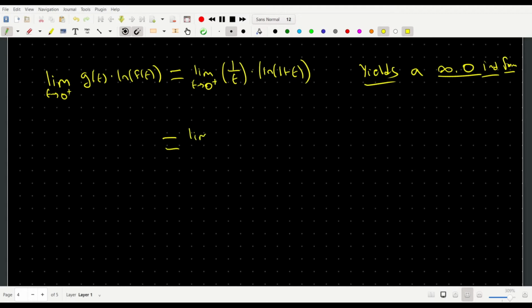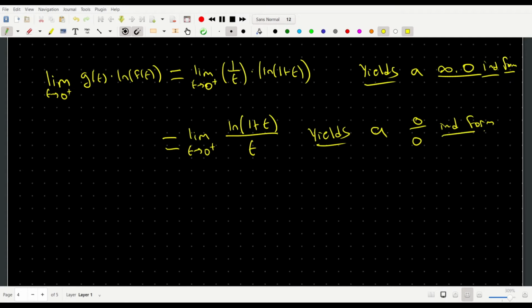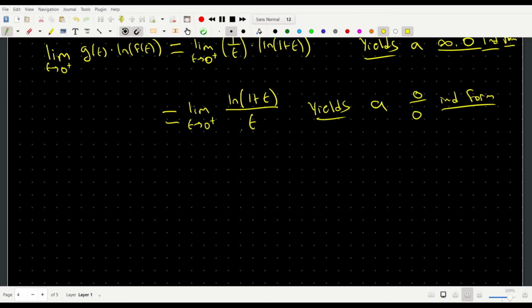But I would say that this is probably simpler to just rewrite as natural log of 1 plus t over t, which now yields a 0 over 0 indeterminate form. And this now we can directly use L'Hopital's rule on.